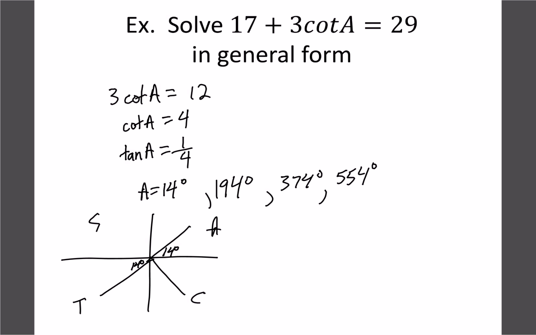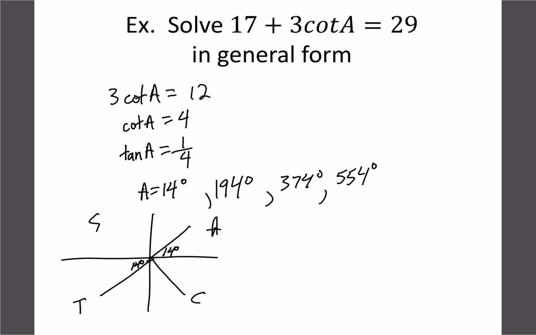But sometimes you can see that there is going to be a pattern involved here. If we go 14 plus 180, we get 194. If we go 194 plus 180, that gives us 374. If we add 180 on again, we get 554.